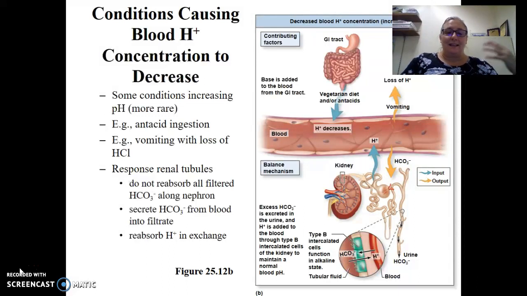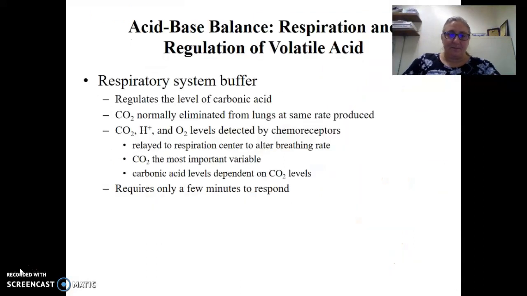That would be an example of overdose of antacids, and that could increase your pH and cause problems.